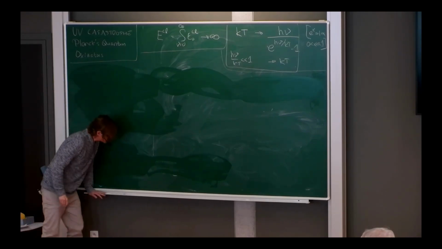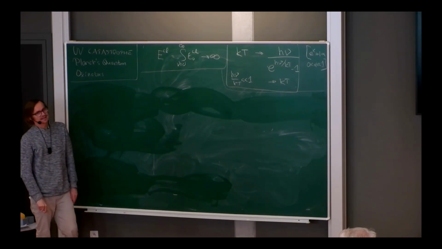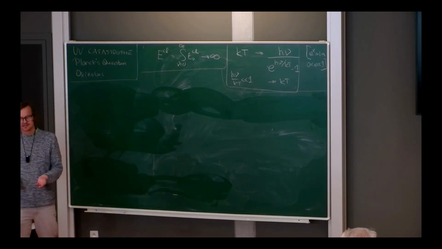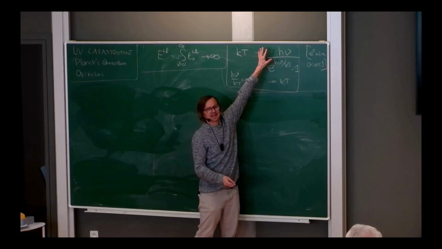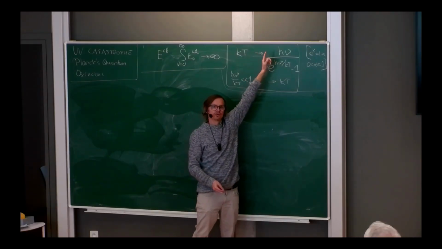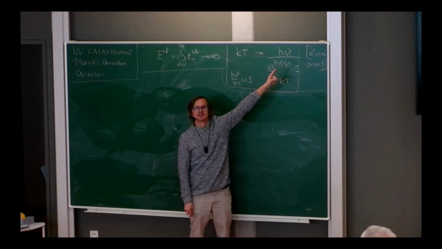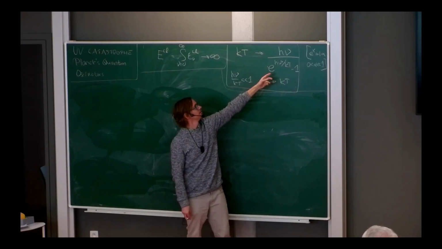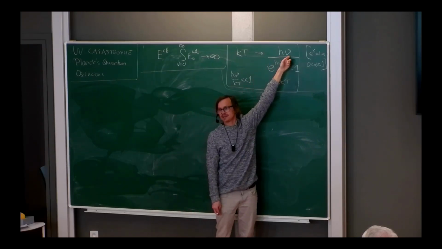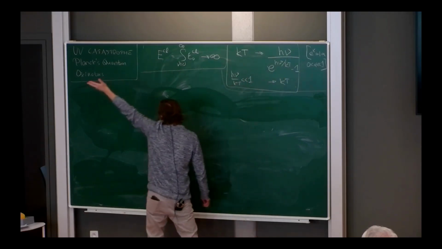So here it goes. All right, what if the oscillators, instead of being able to have any given energy, could only have energies that were an integer multiple of this h nu factor? Okay, what would that be?